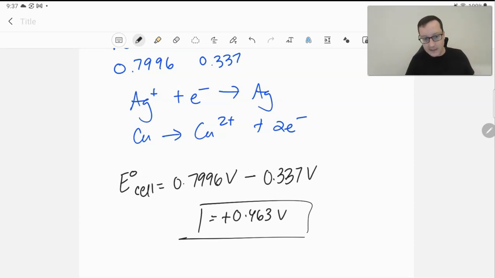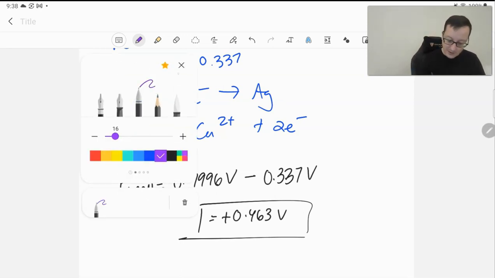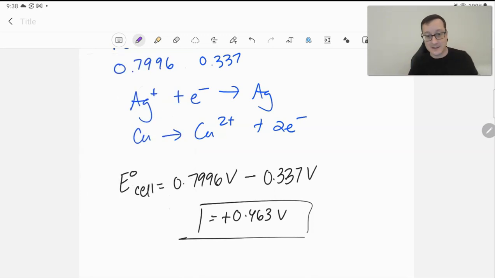One thing you might be asking is, well, hold up here. This silver has one electron, but the copper has 2 electrons. What's going on with that? Thankfully for us, and this is really the only time in chemistry, we don't have to balance these. If we know our half reactions, we apply their cell potentials right off the table. The coefficient in your reaction has no bearing on your half cell potential.